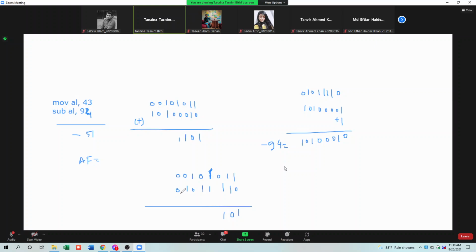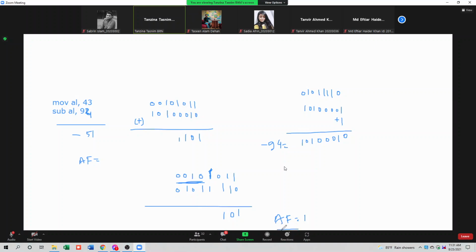That's why the value of the auxiliary flag register will be 1. This is your last bit of the low order 4 bits, and when you take a borrow from the high order 4 bits, the auxiliary flag register will be 1, because the auxiliary flag always indicates whether an operation has generated a carry bit or a borrow bit from the low order 4 bits to the high order 4 bits.